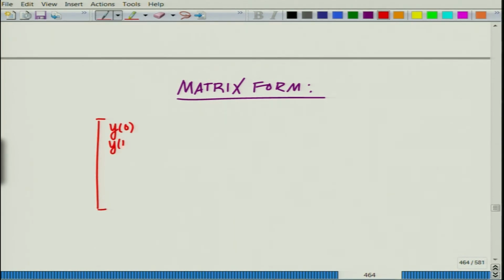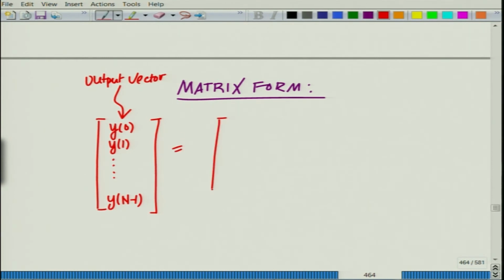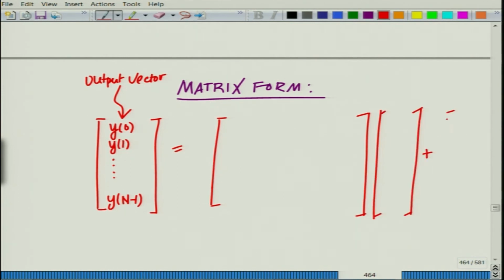If you write this as y0, y1 up to yn minus 1, which is essentially the output vector, right, this is equal to a matrix times the input vector, plus of course the noise vector, that is your W0, W1, up to Wn minus 1, right.